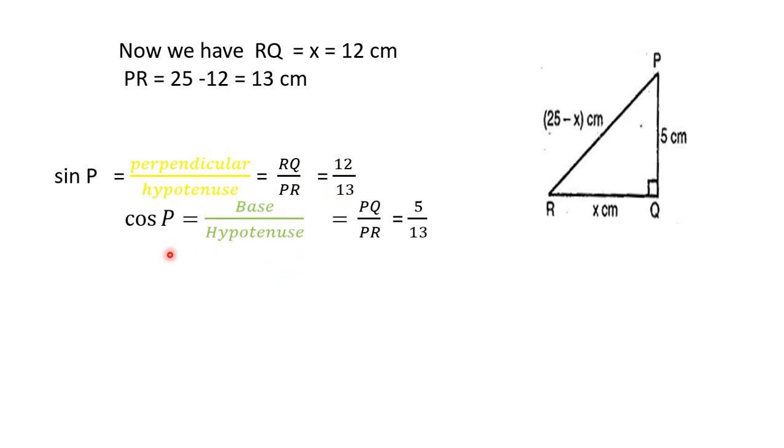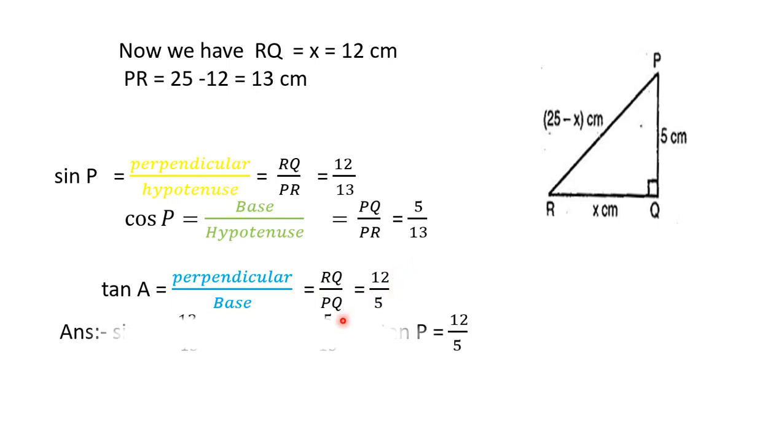Similarly cos P, with respect to angle P, the perpendicular is RQ and the base is PQ, so base upon hypotenuse, we get PQ upon PR, and PQ is 5 and PR is 13, so we get 5 upon 13 as the value for cos P. And the last, tan P is perpendicular upon base, so with respect to angle P we have RQ as the perpendicular and PQ as the base, so RQ upon PQ is equal to 12 upon 5.